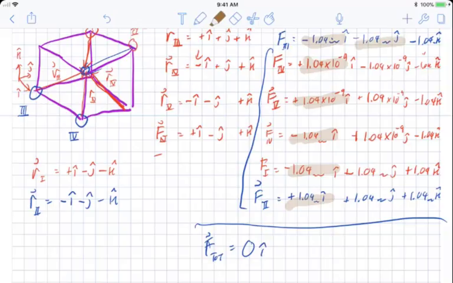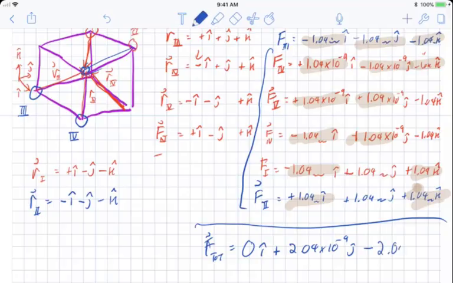For the J hat terms, this one and this one cancel out, this one and this one cancel out, and there's 2 remaining. So it's 2.04 times 10 to the minus 9 J hat. And then on the last one, this one and this one cancel out, and this one and this one cancel out, and so there's 2 remaining, minus 2.04 times 10 to the minus 9 K hat.